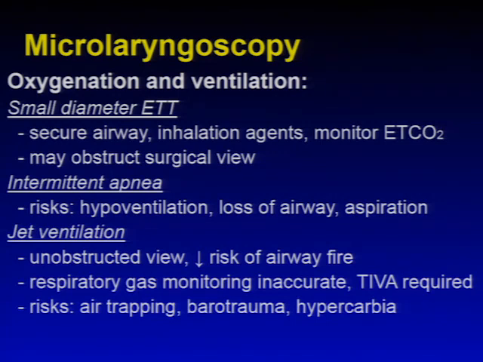Or jet ventilation, which provides a little better way of oxygenating the patient than intermittent apnea, will provide the surgeon usually with an unobstructed view, but it also has significant risks such as air trapping, barotrauma, hypercarbia, so inadequate ventilation, and also the difficulty in respiratory gas monitoring and the requirement to use intravenous anesthetics due to inability to use inhalational anesthetics.